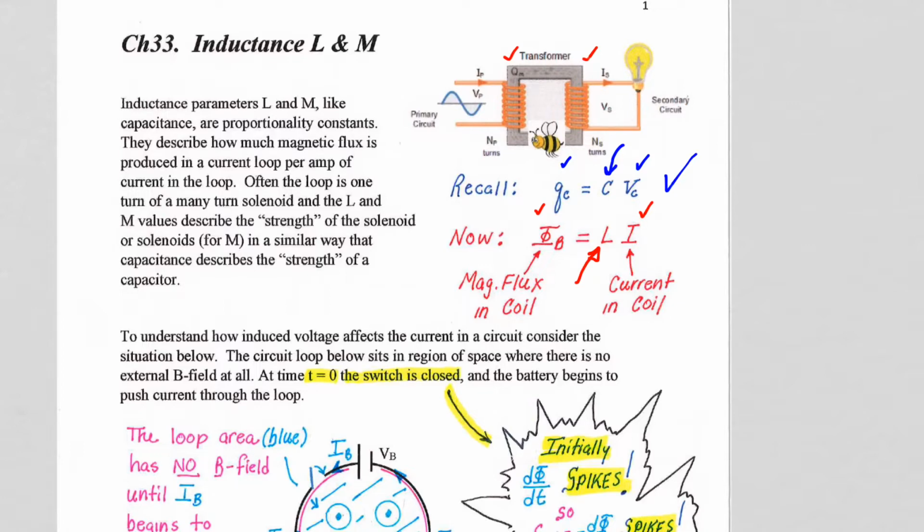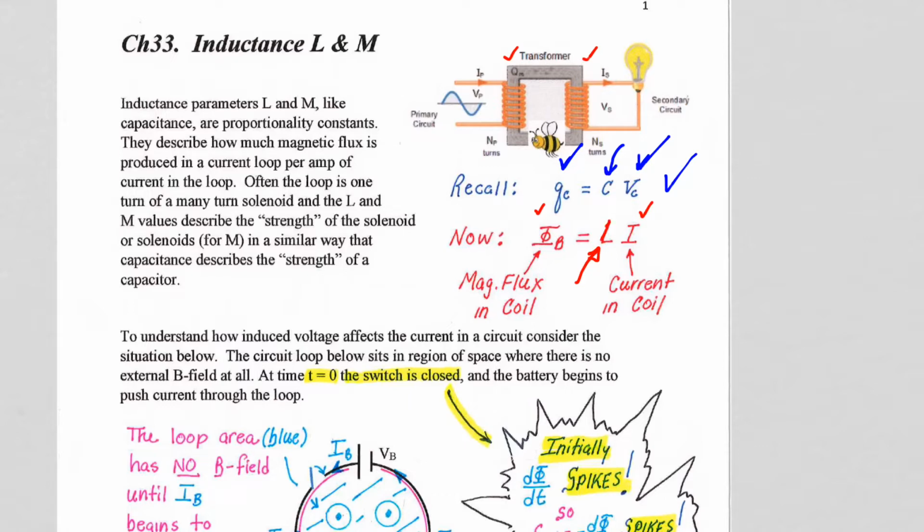So just like the capacitance was a strength parameter for a capacitor, in other words, the capacitance told us how much charge per volt there was for that device. So the larger the capacitance, the more charge per volt. Self-inductance is going to tell us the same thing. It's a strength parameter.